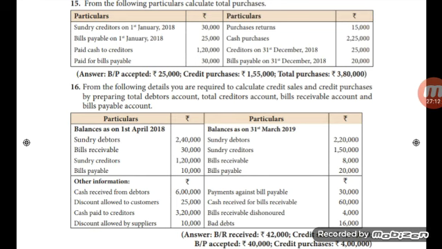Then balancing figure of bills payable account, that means bills payable accepted during the year, 40,000. Next, closing balance to balance carried down 1,50,000. Then balance the creditors account, you will get credit purchase. Okay, thank you children.